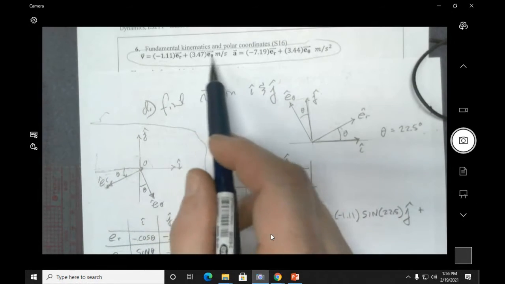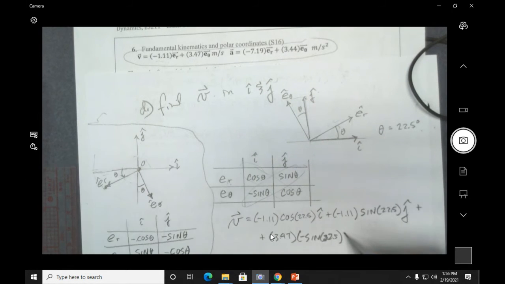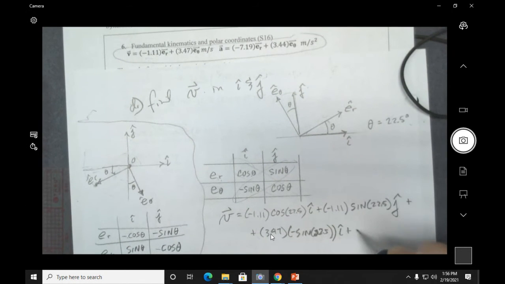Then take the e_theta component, 3.47 multiplied by the negative sine of 22.5 i, plus my 3.47, and now times cosine of 22.5 j.